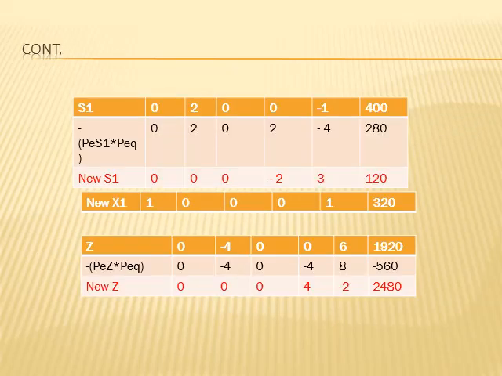Okay, by repeating the mentioned procedure of measuring the entrance of new variables as basic variable, we will get the new S1 equal 0, 0, 0, negative 2, 3, 120.